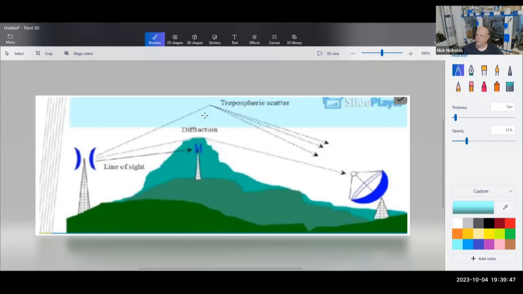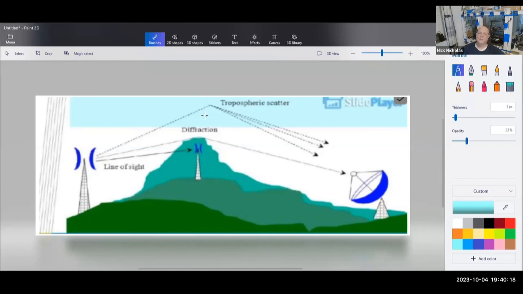It's different than true reflective signals because it is a scatter. You're bouncing off the particles of water. Shorter frequencies bounce off this layer fairly well, but it's a close to the Earth layer. So you're going to get around about a 200-mile, 250-mile maximum range from this.